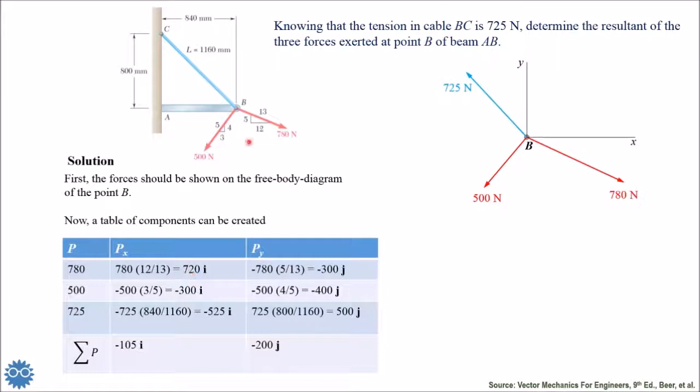So here we can use this value by finding the cosine of this angle, or the amount of the x component, by dividing 12, the horizontal component, over the hypotenuse of the small triangle here. So we will get the value 720 multiplied by i. i is the unit vector.